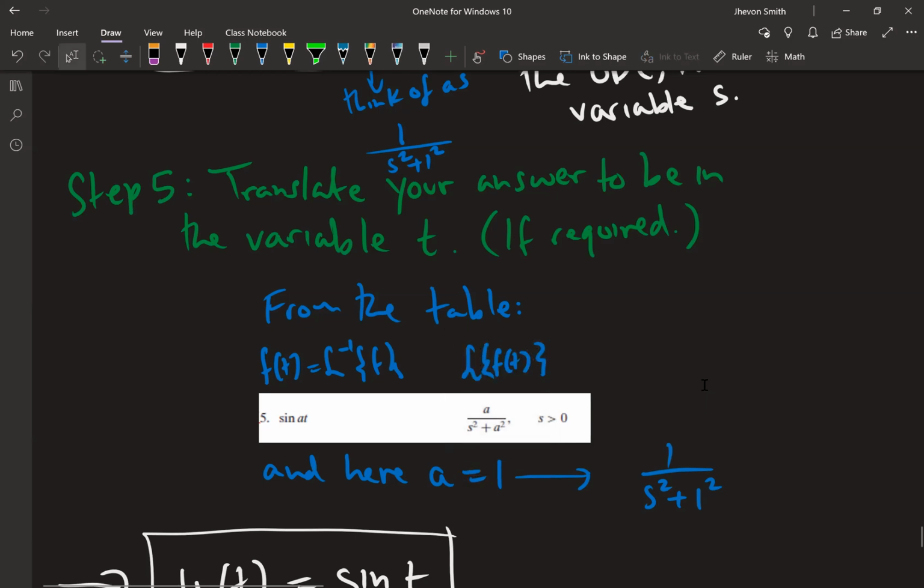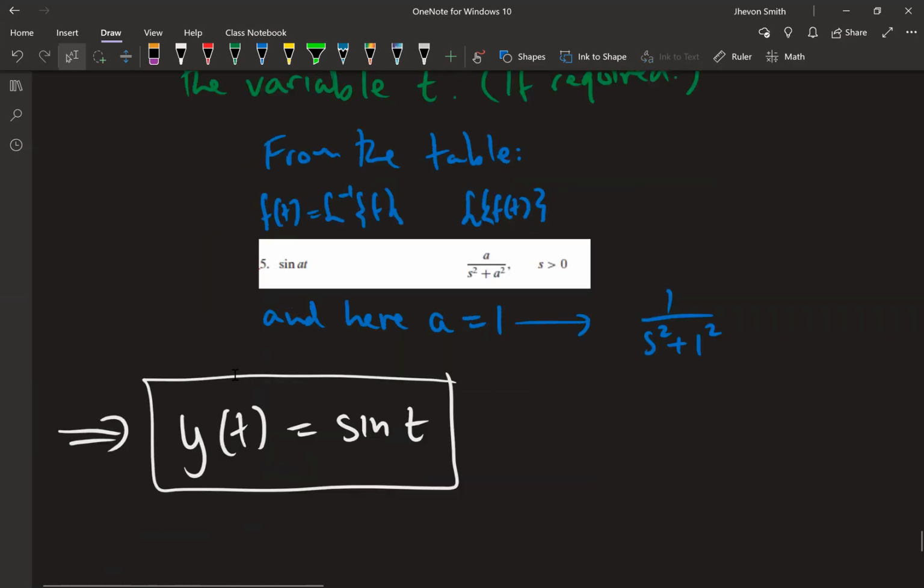Oftentimes that work would involve things like multiplying and dividing by a convenient constant. Sometimes it would involve finding partial fractions or whatever. Sometimes you get this big expression over here that you have to break into smaller expressions to kind of fit it in the table. So that's the only drawback. It's a drawback when you're doing it by hand anyway.